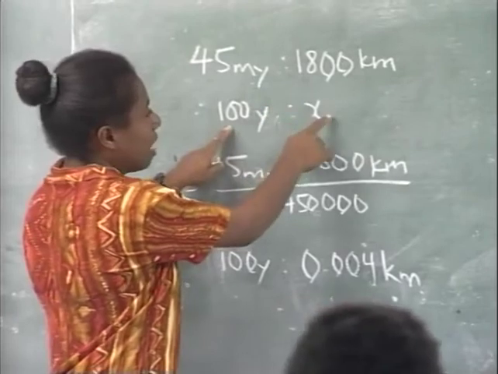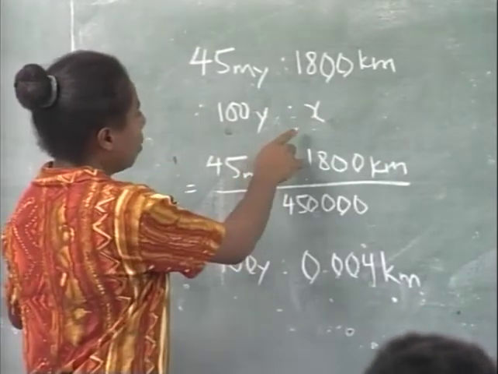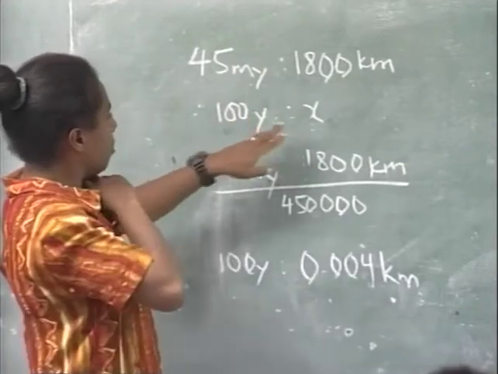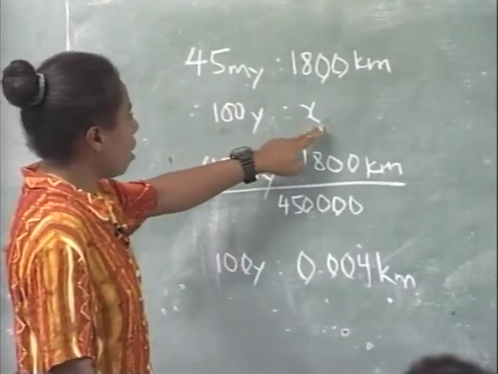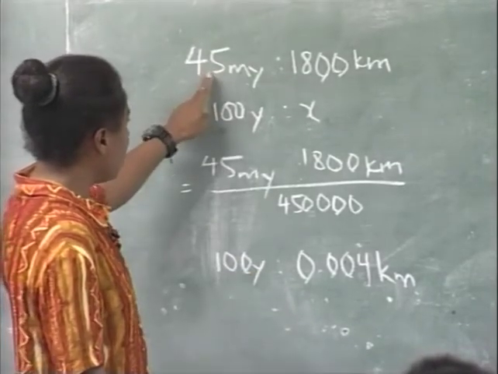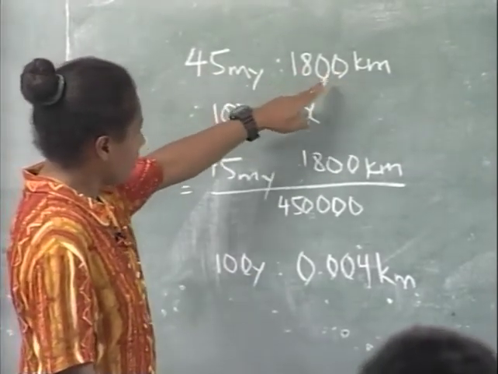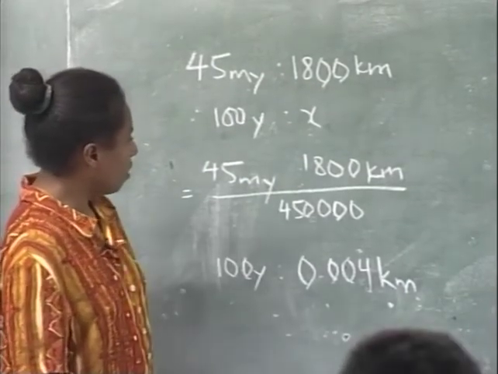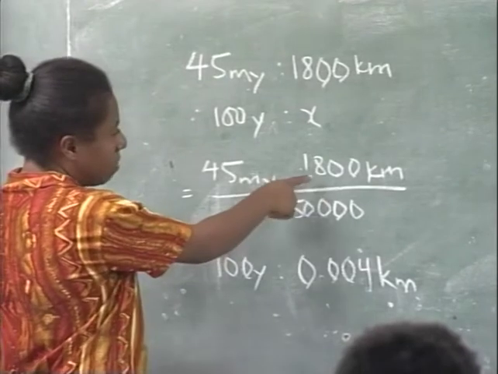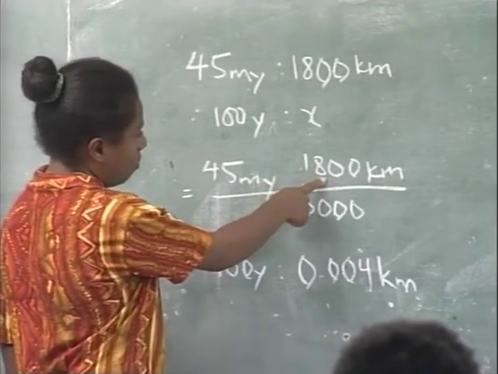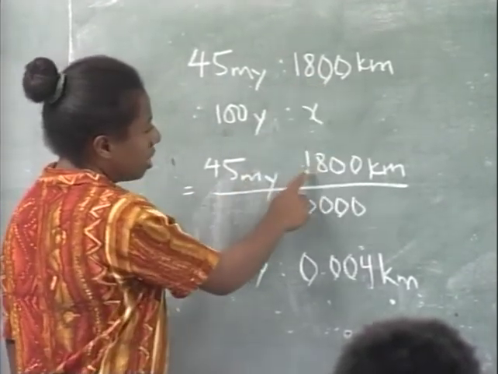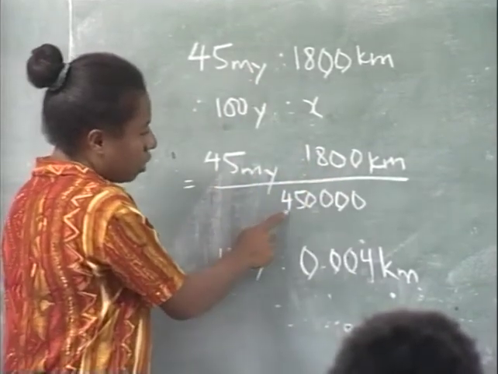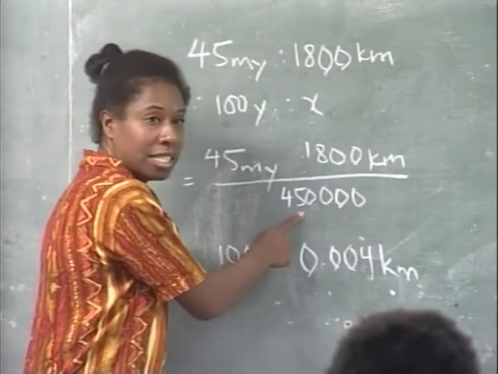In order for us to find our answer in kilometers, we go 45, multiply that by, no, hang on. We're not supposed to multiply this. We're supposed to have the answer in kilometers, so 1,800 kilometers divided by 45 million years.